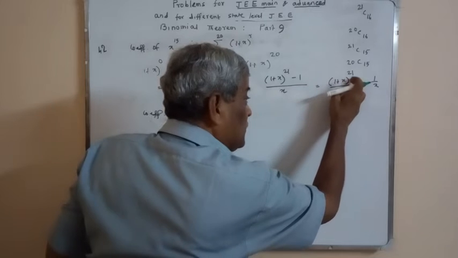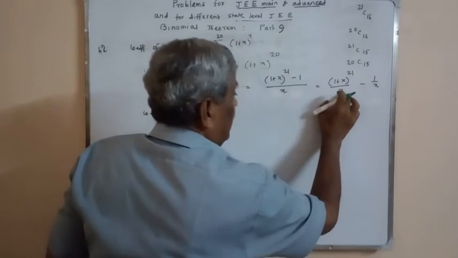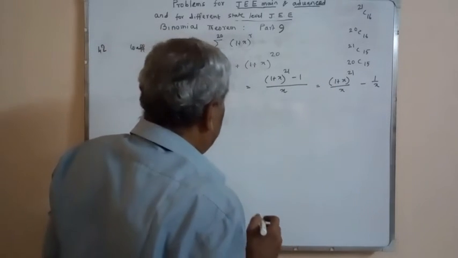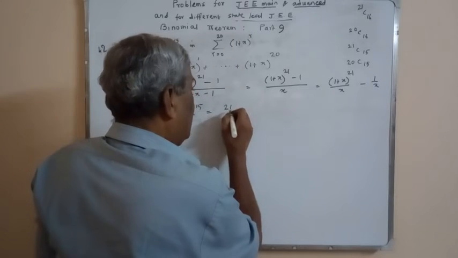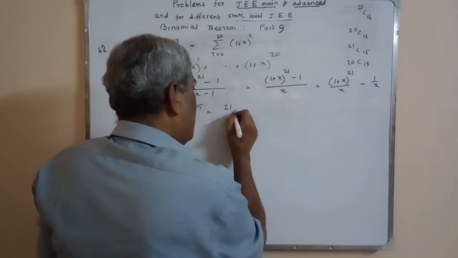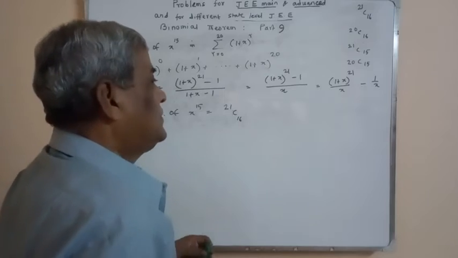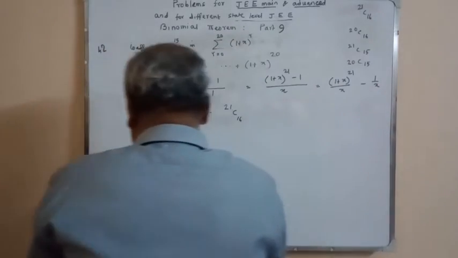The coefficient of x to the power 16 from here, because there is x in the denominator, will give you the coefficient of x to the power 15, and it is equal to 21C16. That's all. So our answer is this. So first option is correct.